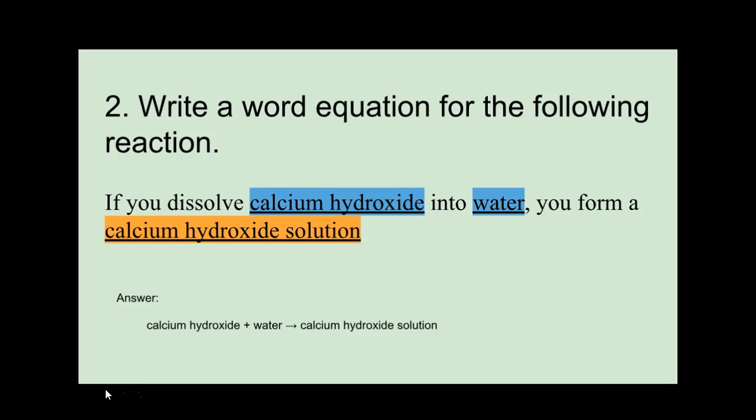Okay. So what I want you to do is write out the word equation. And then I want you to leave about 4 lines of space. So for example, if this is your lined piece of paper, 1, 2, 3, 4, and then do question number 2.